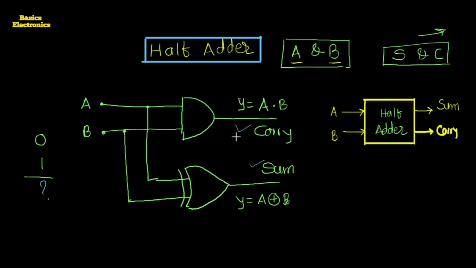Okay, so first input we apply, that input is A, and A equals 0, B equals 1. The inputs to the AND gate are A equals 0 and B equals 1.